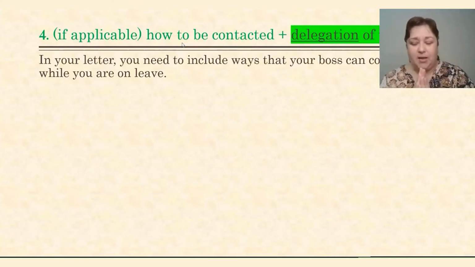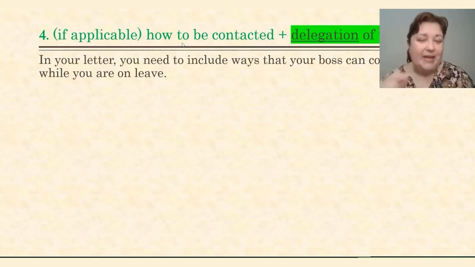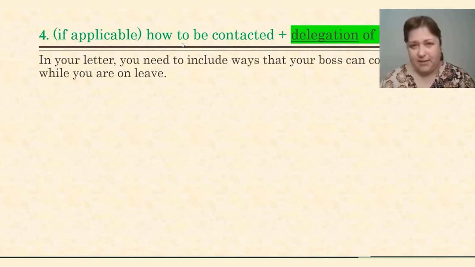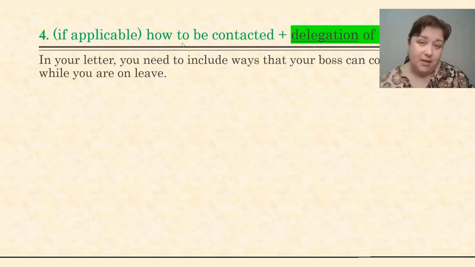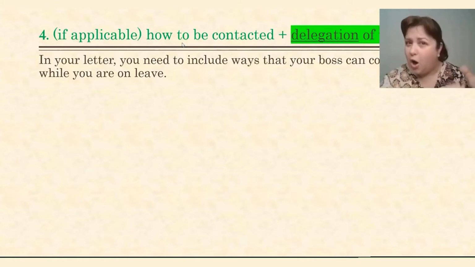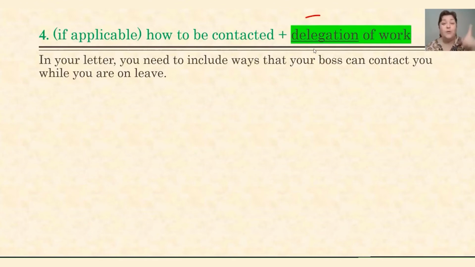But sometimes if we are on other types of leave, our boss still needs to contact us, maybe. So we have to tell our manager how they can contact us while we are on leave. And also delegation of work. I'm going to explain this.